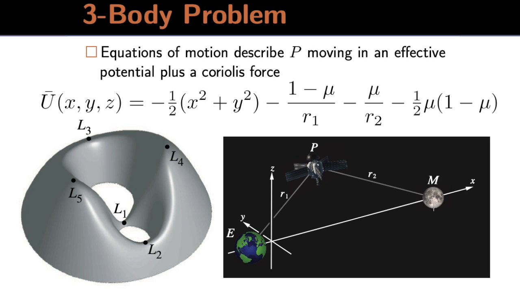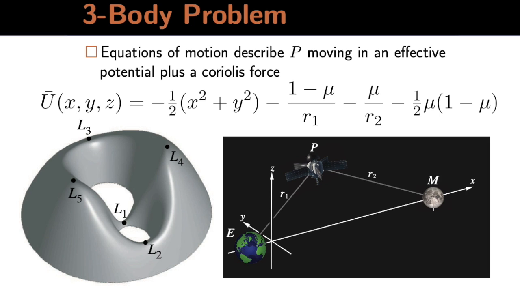Remember, we're in a rotating frame. So this effective potential includes gravity due to both the Earth and the Moon. This is just a constant that's included for convention. This term gives the centrifugal force, but then there's a Coriolis force, which will show up.